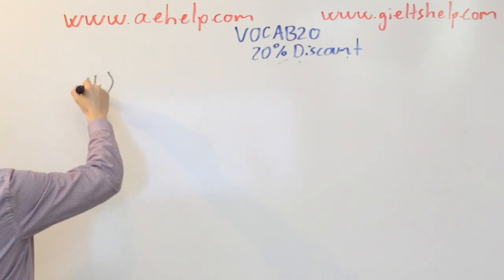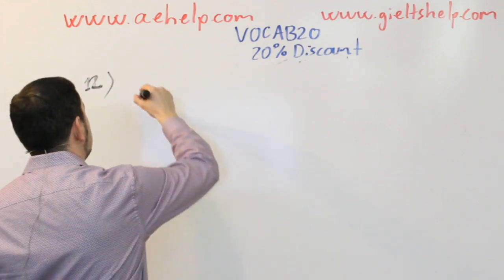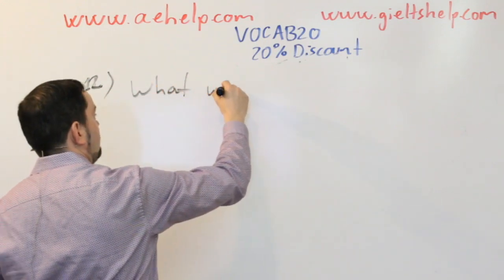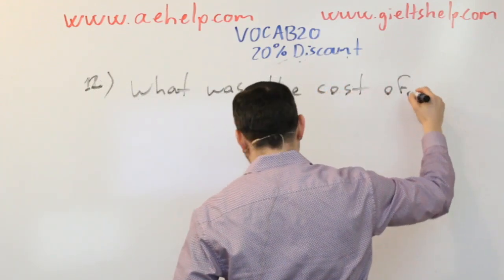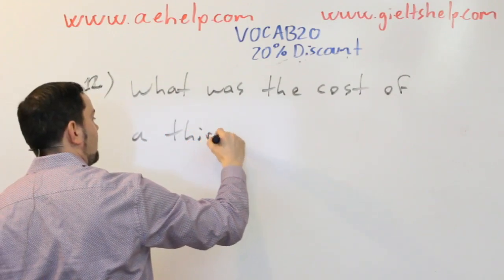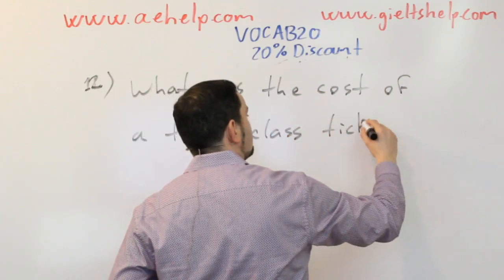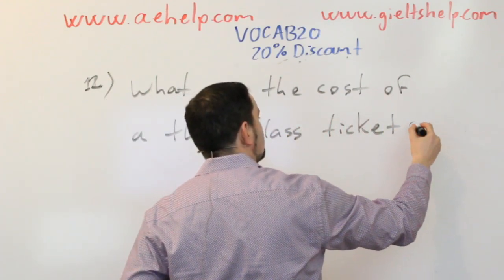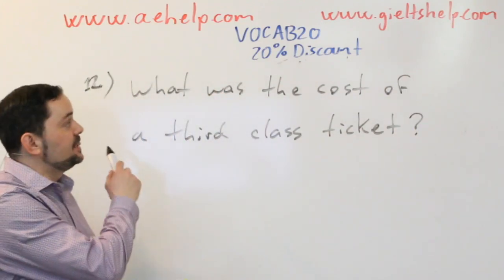So let's look at number 12. So number 12 says, what was the cost of a third class ticket? So which words do you think the audio might paraphrase in this question?